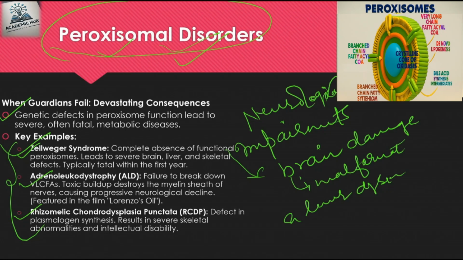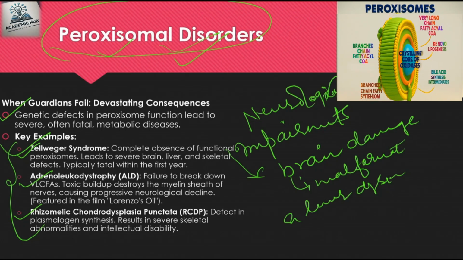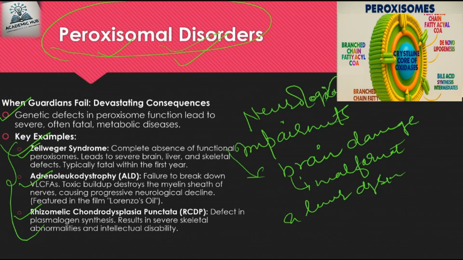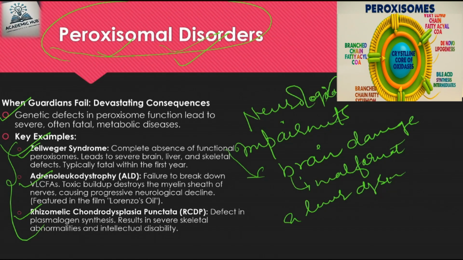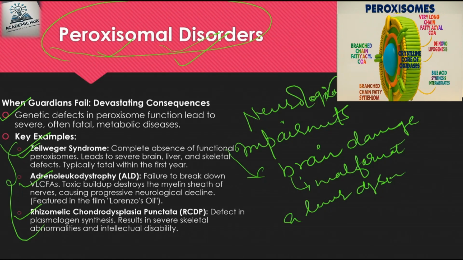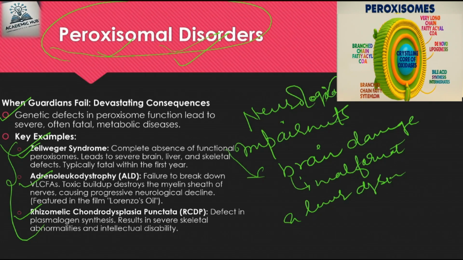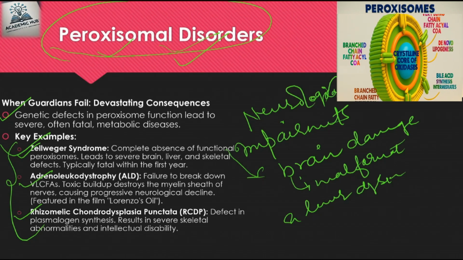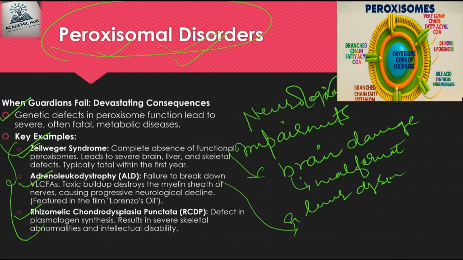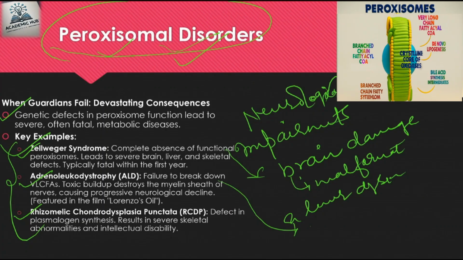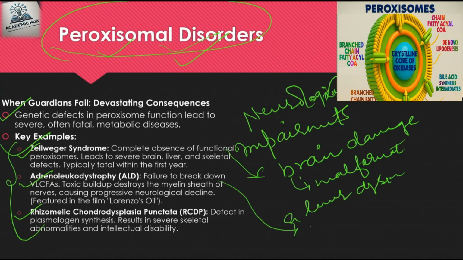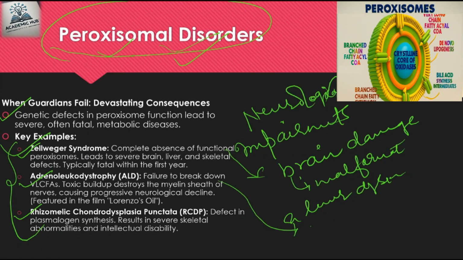Next is adrenoleukodystrophy syndrome. This genetic syndrome occurs when peroxisomes fail to break down very long chain fatty acids. Adrenoleukodystrophy is the outcome of very long chain fatty acids failing to convert into smaller ones.